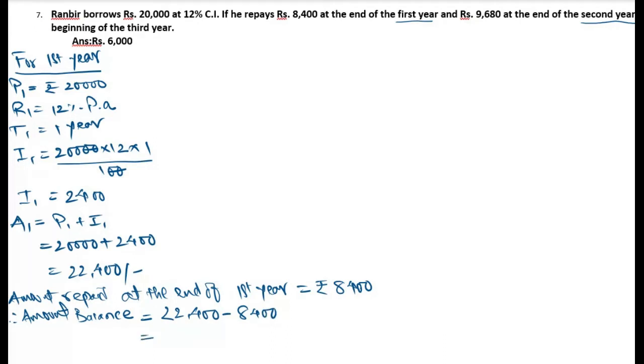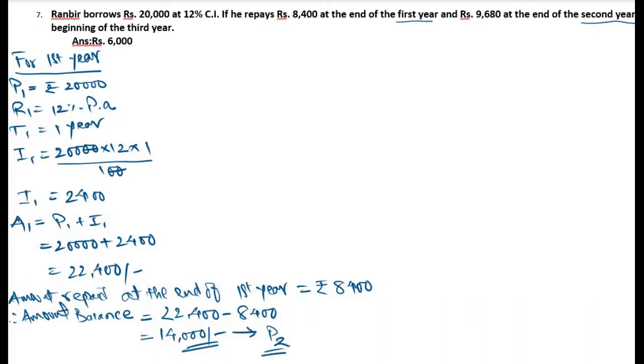So 22 minus 8 is 14,000, right? So this is the balance amount. Now this balance amount becomes the principal for the second year, that is P2.